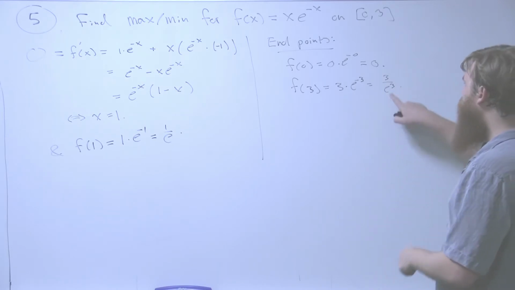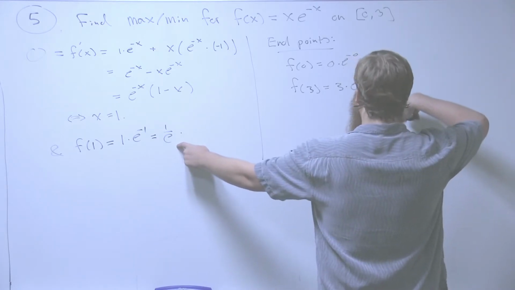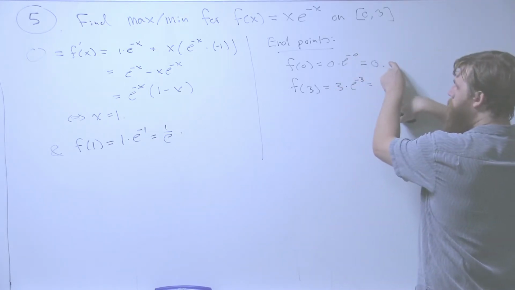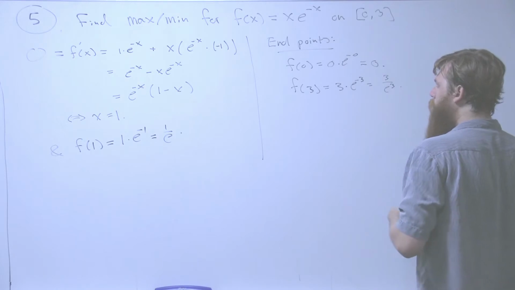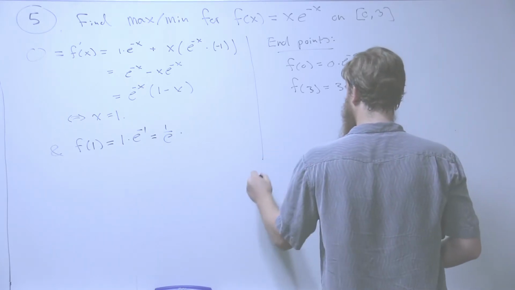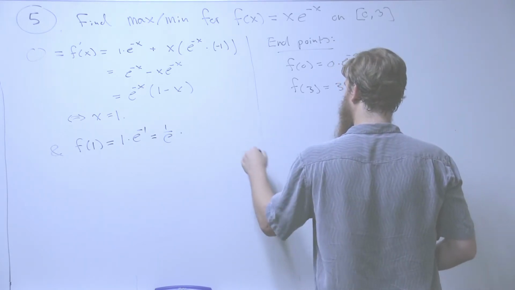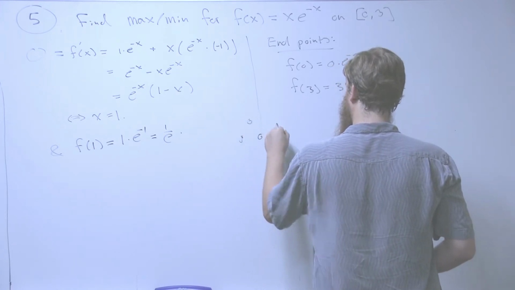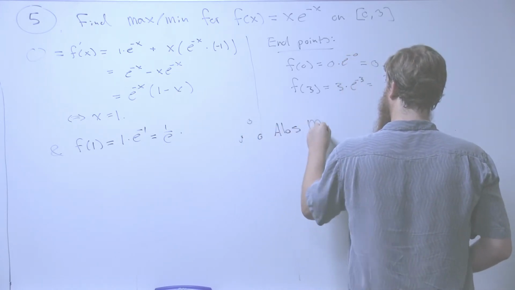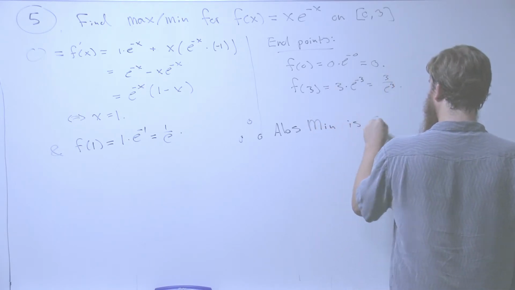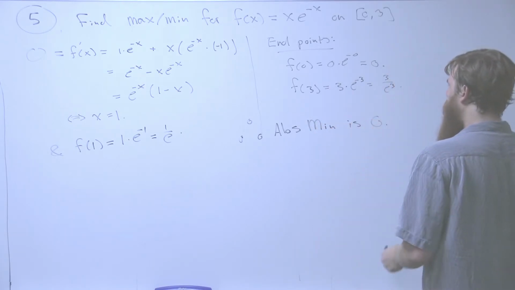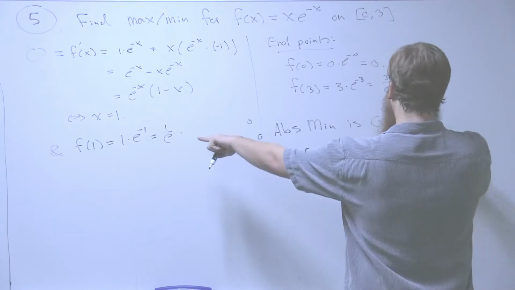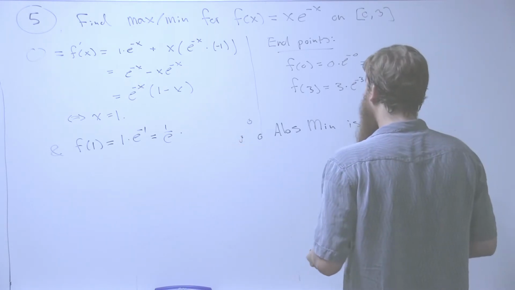First, note that these two are positive numbers, necessarily larger than 0, so you know your absolute min is 0. Next, we want to compare 1 over e and 3 over e cubed.